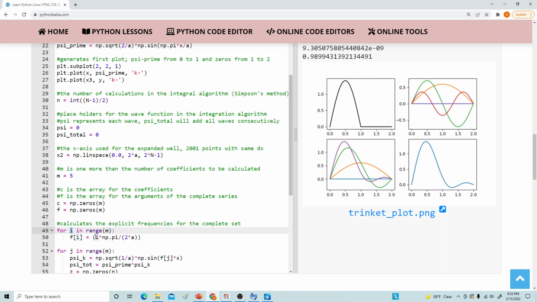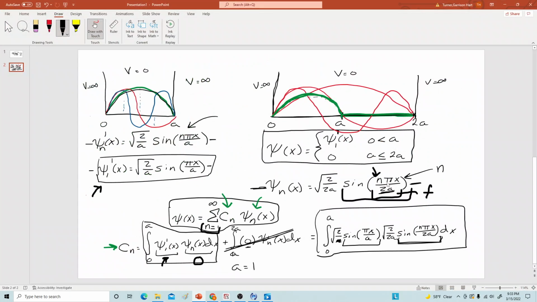And then when I is 1, it'll be pi over 2a, and then when I is 2, it'll be 2 pi over 2a, and when I is 3, it'll be 3 pi over 2a, and that's what we're seeing here when we let n run from 1 to infinity. We would get pi over 2a, 2 pi over 2a, 3 pi over 2a, and so on.